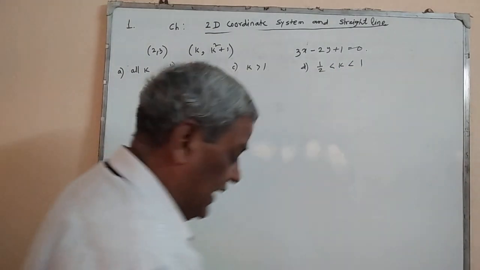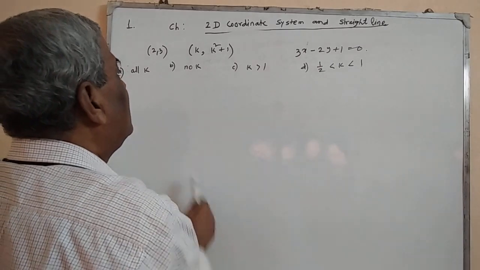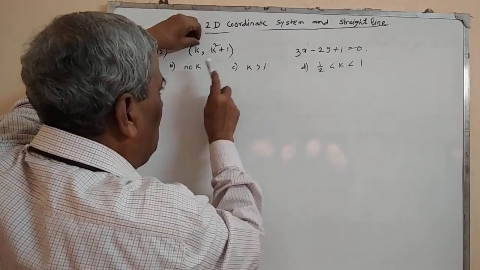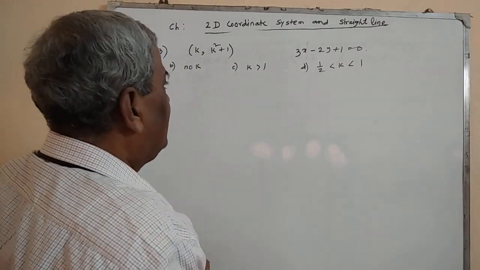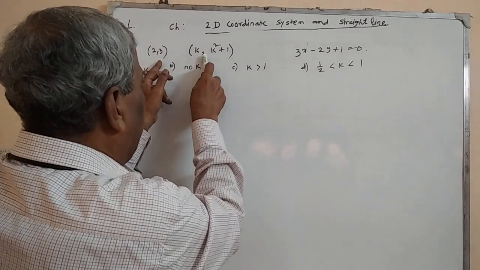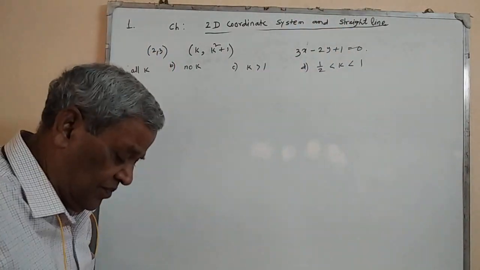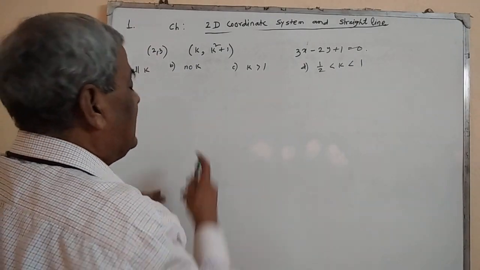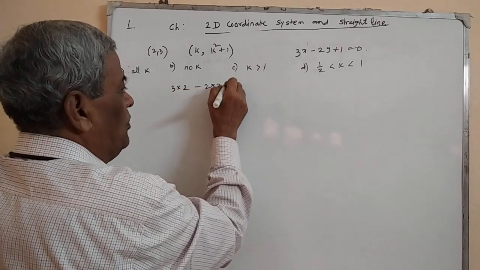Let us see what the actual problem is. One straight line is given, and one point is clearly given, (2, 3), and another point (k, k squared plus 1), where k is variable. The question is for what value of k these two points lie on the same side of the straight line. Putting the first point (2, 3) on that, it is 3 into 2 minus 2 into 3 plus 1.